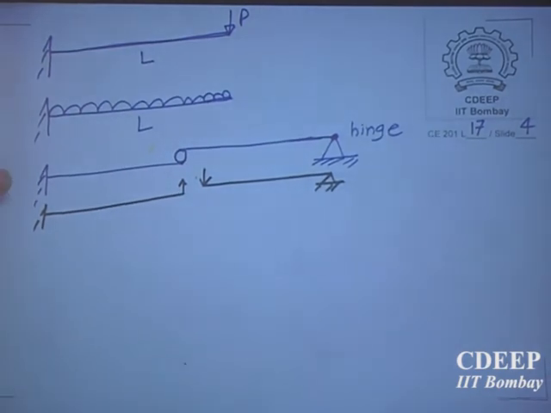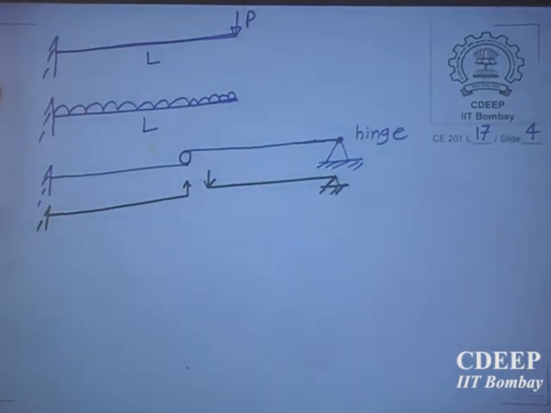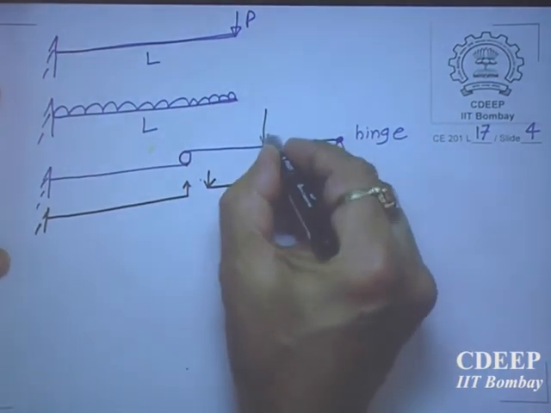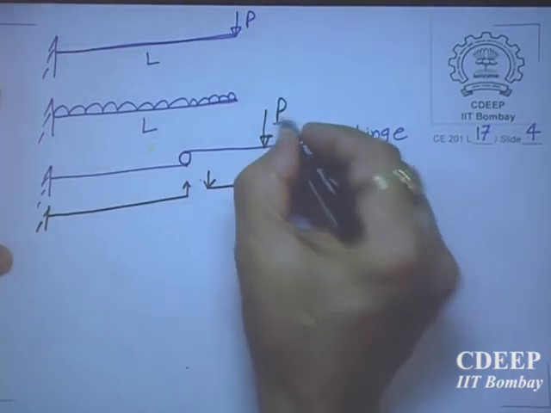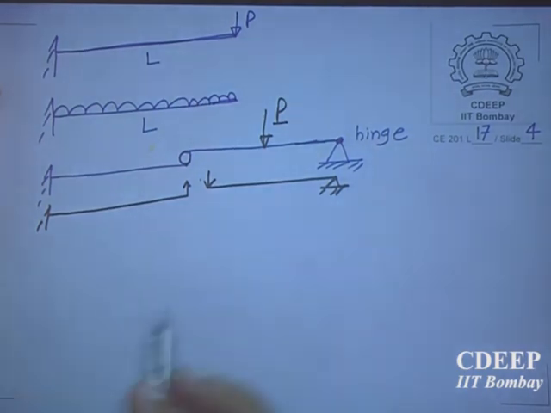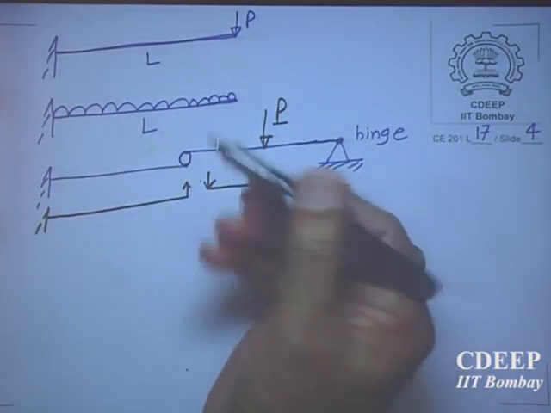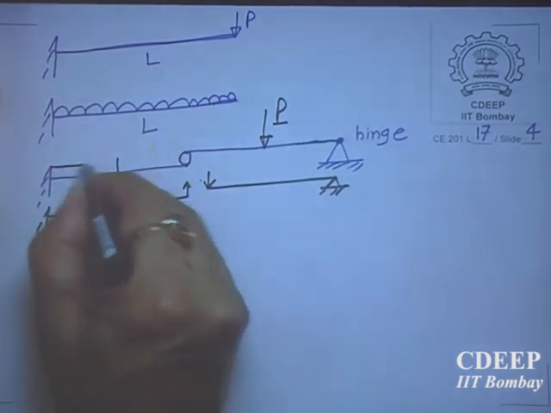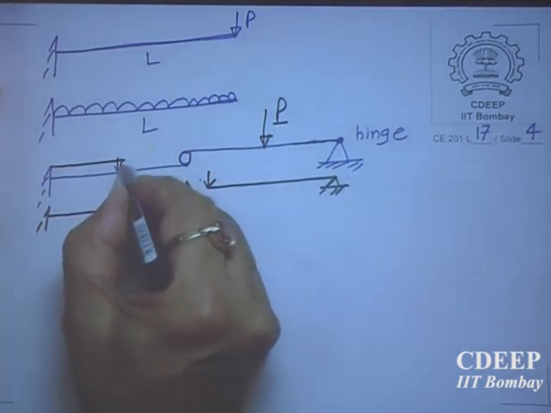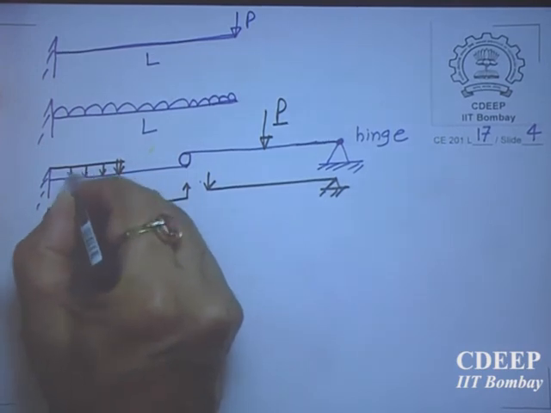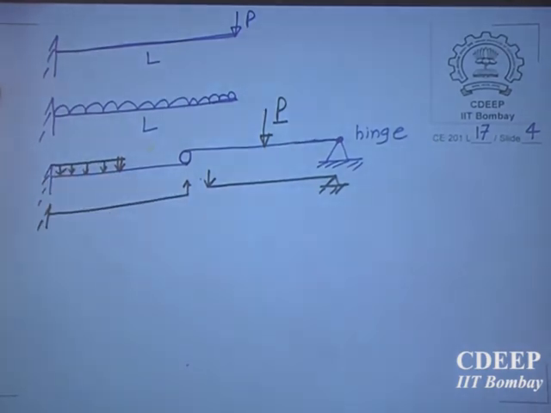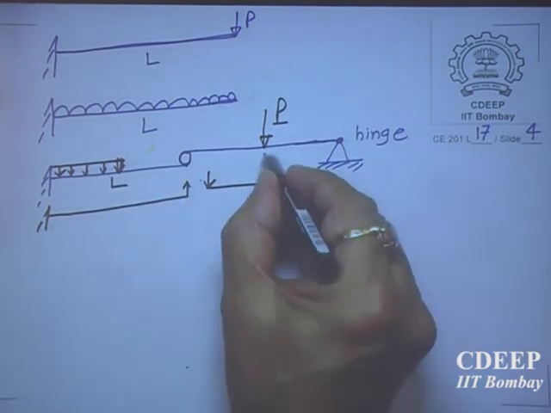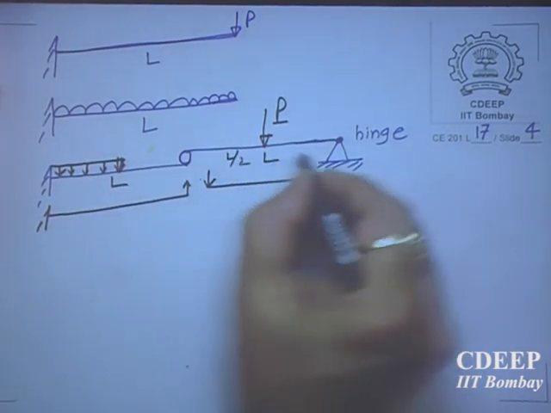Now, of course, reaction will come provided it is loaded. I have just shown you. So let us say it is loaded here by a force P. So please find out. I can complicate this by putting half of this, yes, only half of this loaded. So this is L, this is also L, this is L by 2, L by 2.